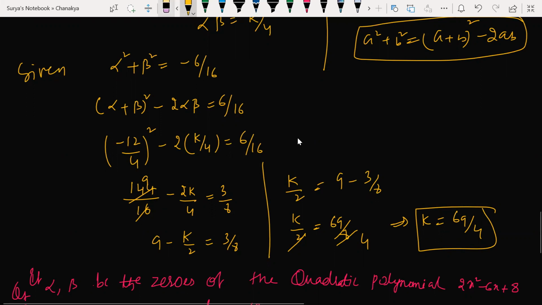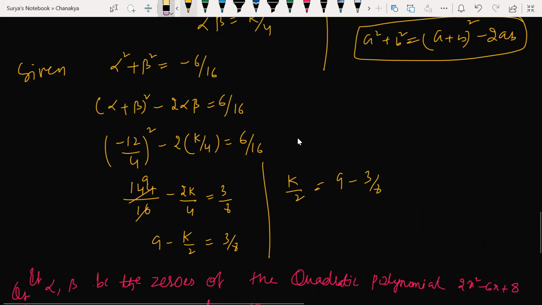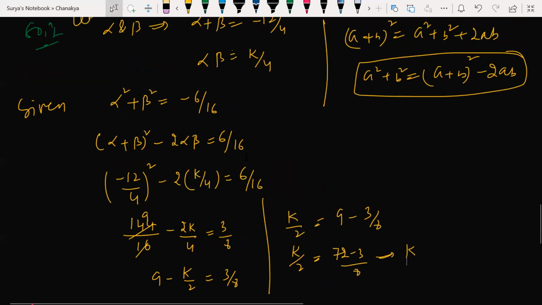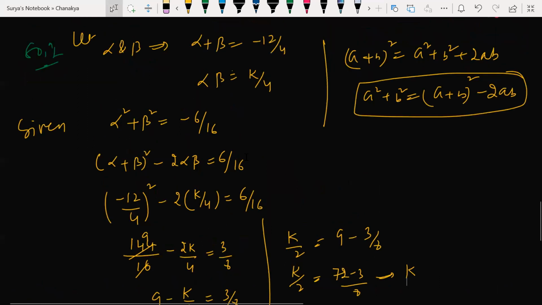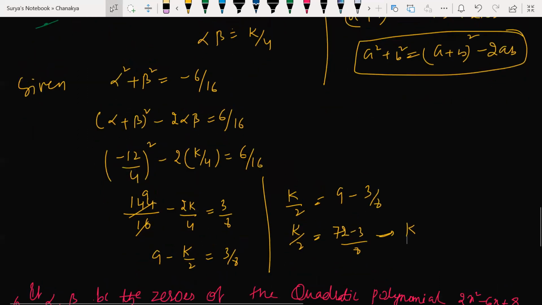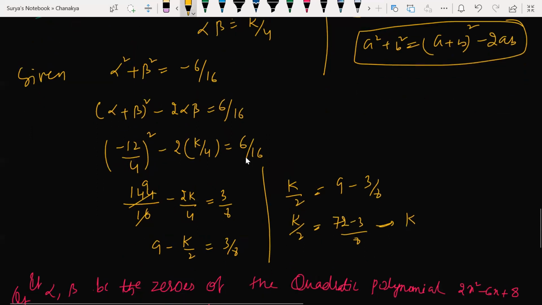K by 2 is equal to 72 minus 3 by 8. So now I think somewhere plus or minus. Sir, you did not keep your minus in the second step. The second step, alpha square plus beta square given. In that, the second minus is right.